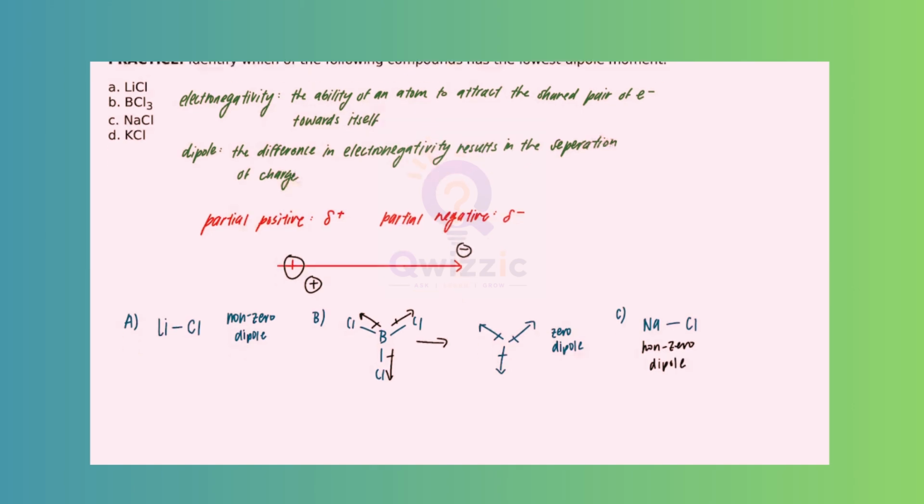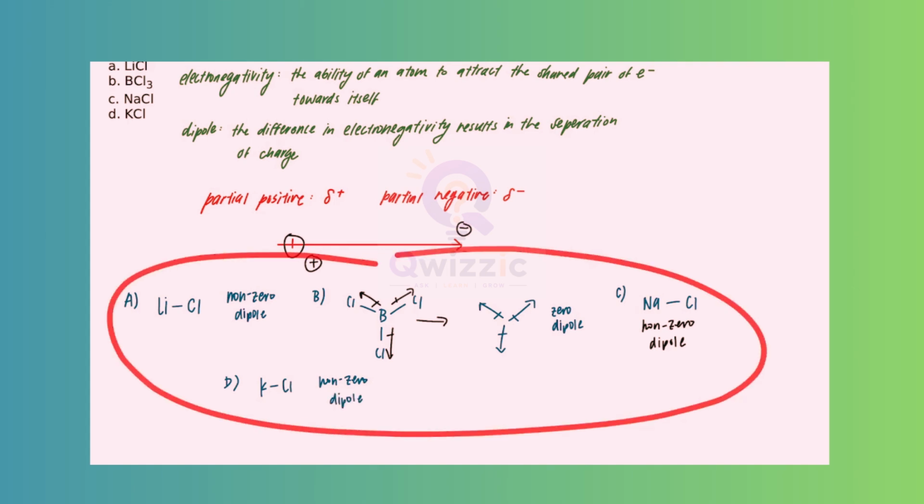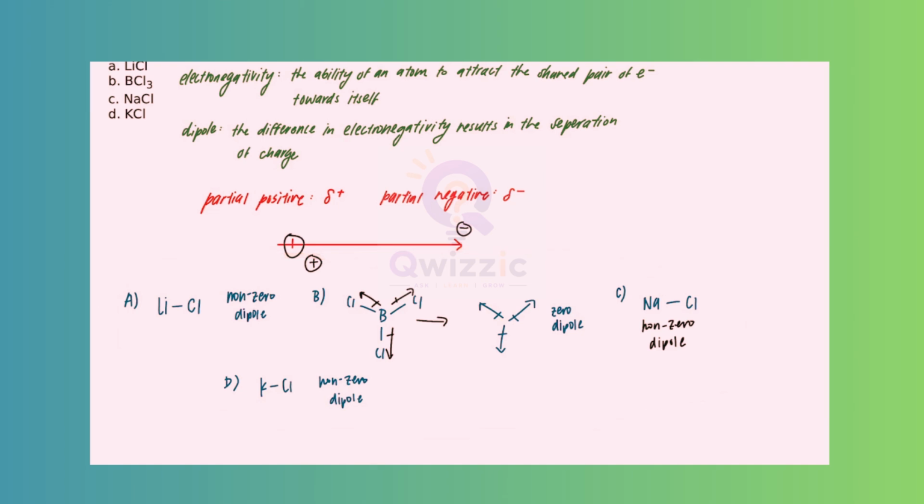And lastly, just scrolling down here, for option D, we have KCl. So similar to NaCl, we again see that there's no symmetry here. Since there's only two atoms, the potassium and the chlorine, this will lead to a non-zero dipole moment as well.